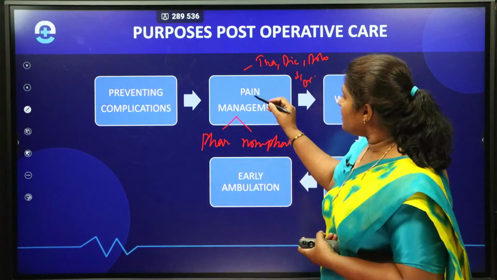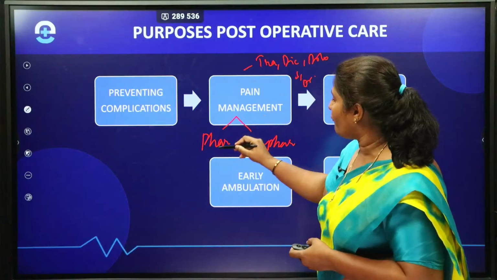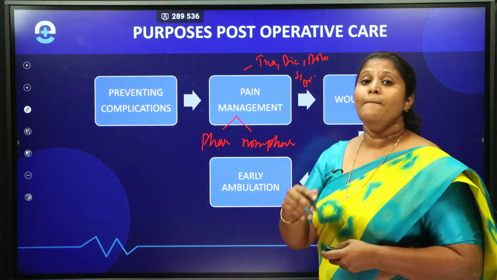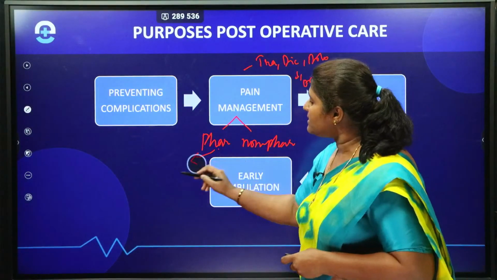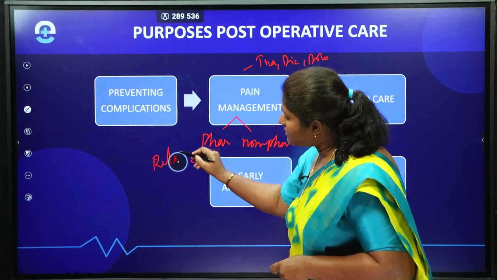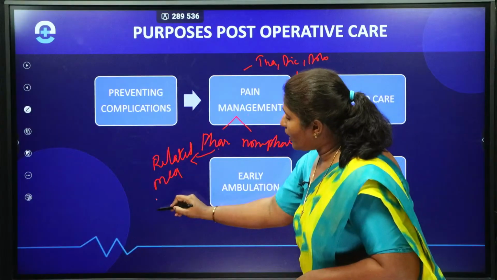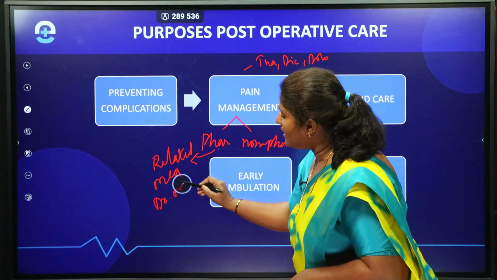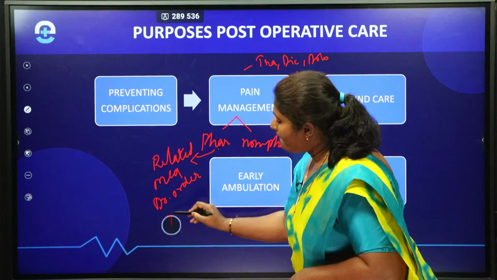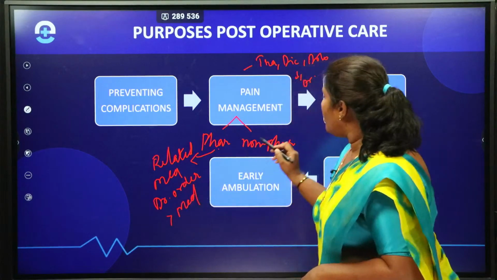Here I am just giving a brief explanation of pharmacological and non-pharmacological pain management. Pharmacological means related to medications: according to the doctor's order only, we give a medication to the patient.